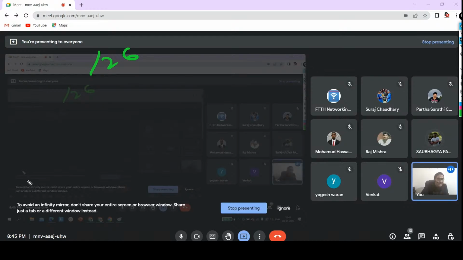Yes. Just tell me what will be the block size for /26 and what will be the valid IP addresses for /26. So out of a 32-bit IP address, if 26 are network bits, how many host bits are there? 6.